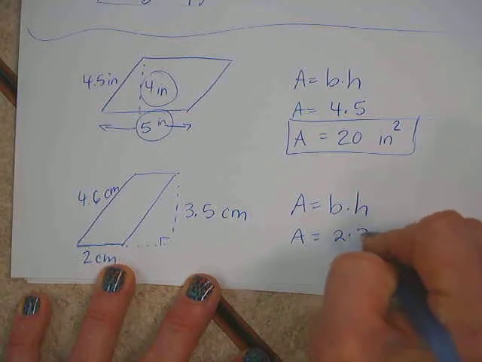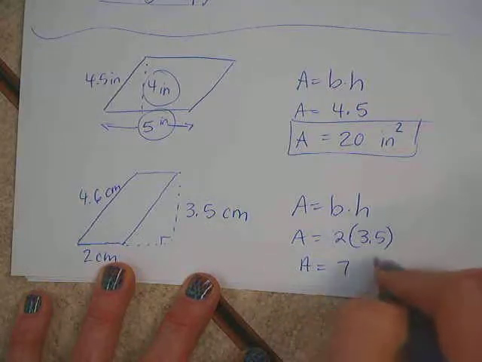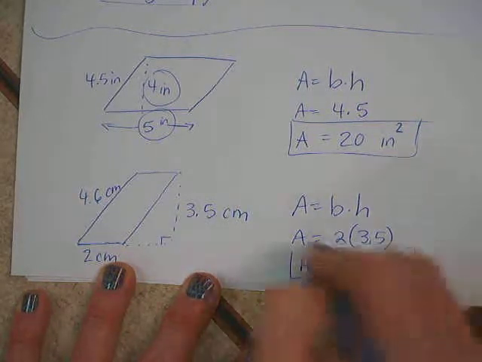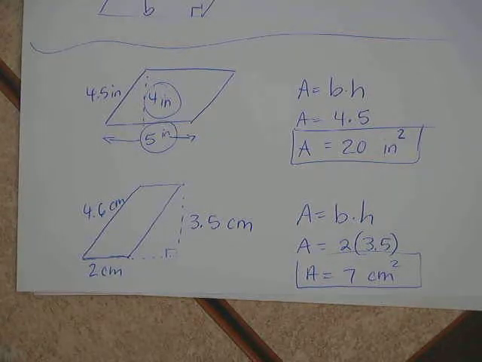So this would be considered the base, that would be the height. You're just going to multiply them, so it doesn't really matter, but area would be 2 times 3.5, so 7 square centimeters.